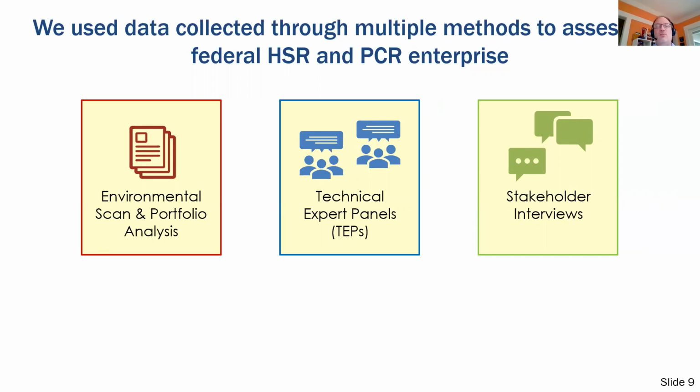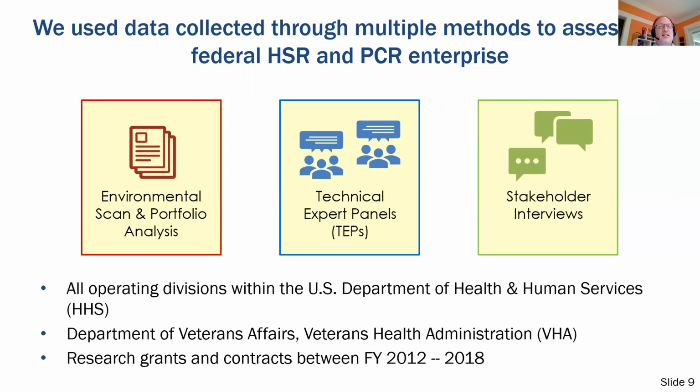And so the scope of the study covered all operating divisions within HHS, as well as the VA's Veterans Health Administration, and it also included research grants and contracts between fiscal years 2012 and 2018.